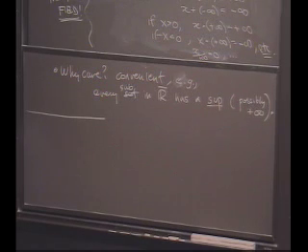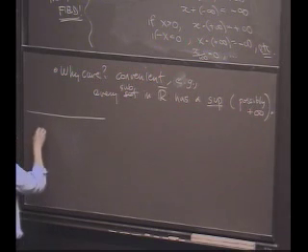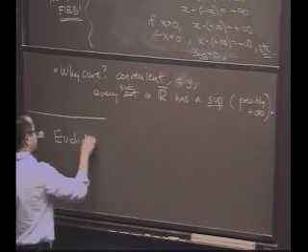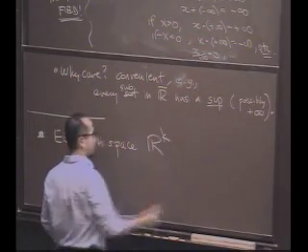What are some other structures that are built around the real numbers, having the real numbers as a foundation? Well, here's another one. How about Euclidean space, R to the k?